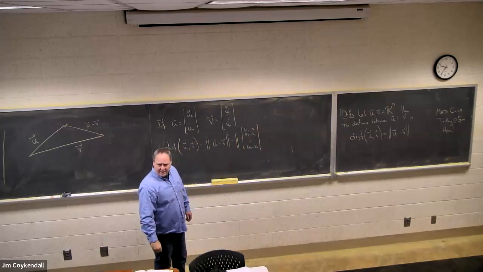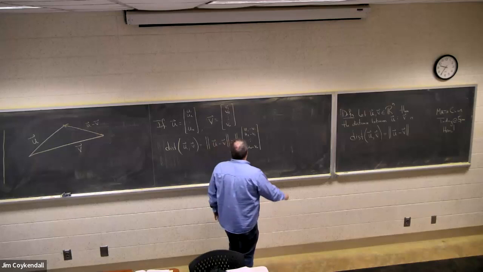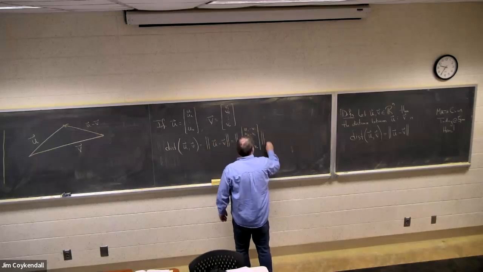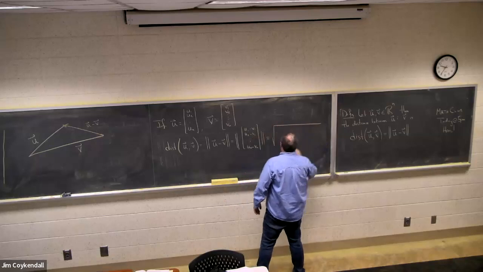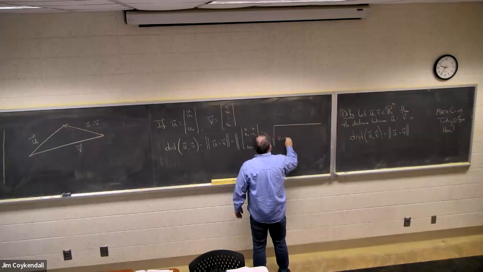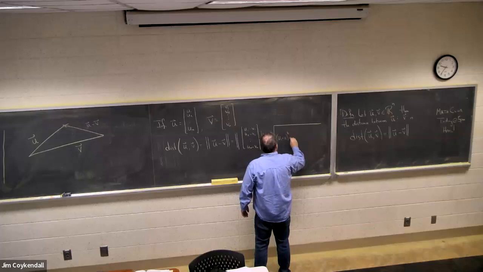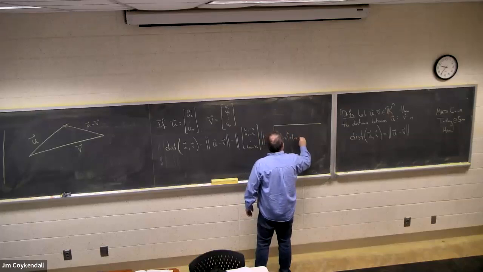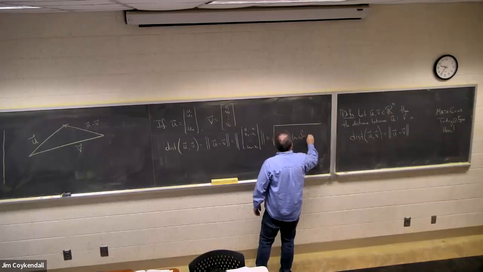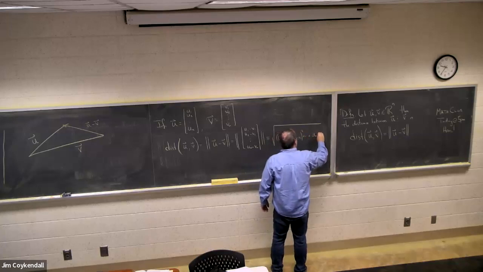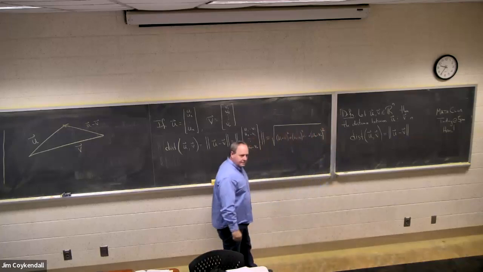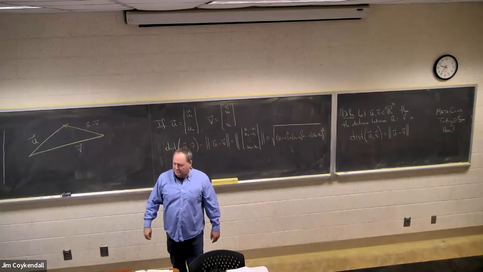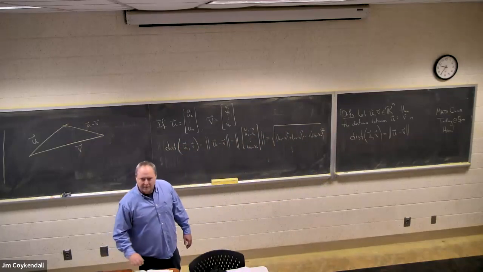Everybody agree with that? And that is the square root of U1 minus V1 squared plus U2 minus V2 squared plus up to UN minus VN squared. Everybody okay with it?